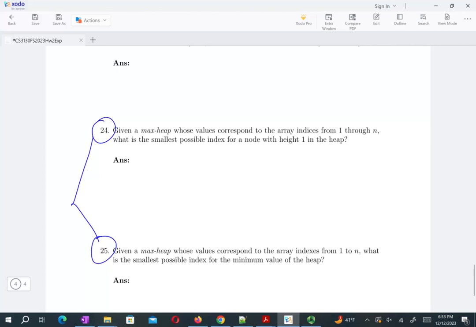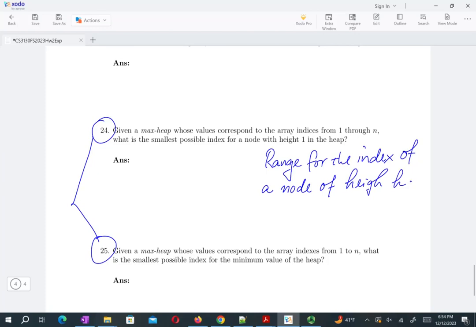So the general range for the index of a node of height h, we have this range formula: lower bound of n over 2 to the h plus 1, less than or equal to index i, less than or equal to lower bound of n over 2 to the h. So that's the range formula.